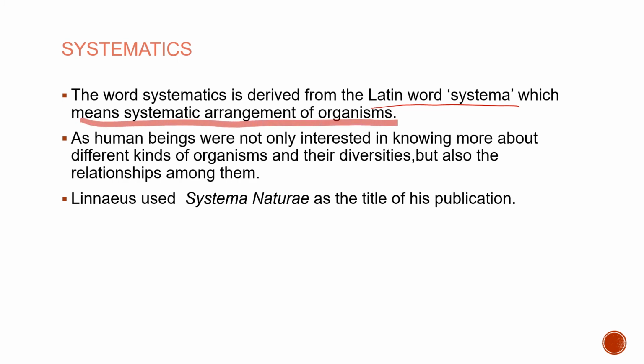As humans, we were not only interested in knowing more about different kinds of organisms and their diversities, but also in the relationships among them. So we wanted to learn about them. This branch of study which deals with relationships, according to Carolus Linnaeus, can be studied in the process of systematics.